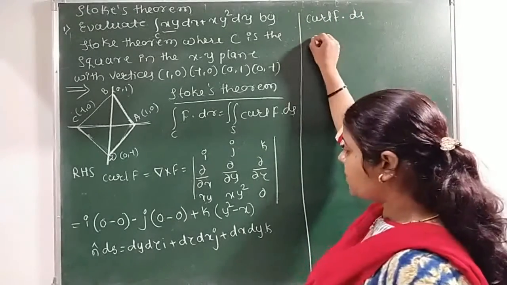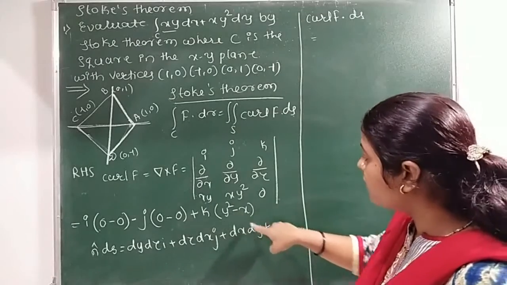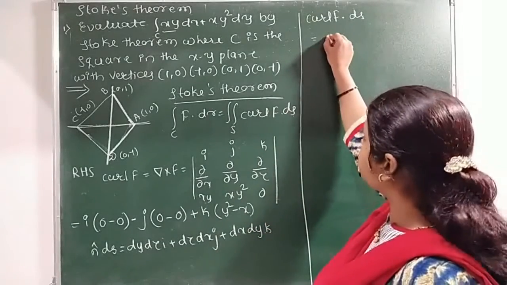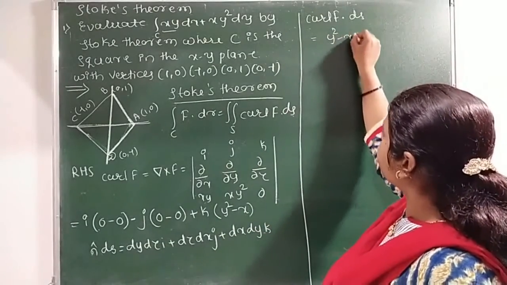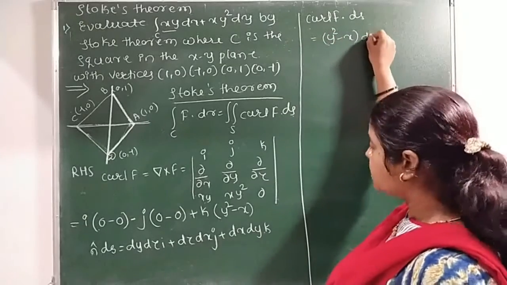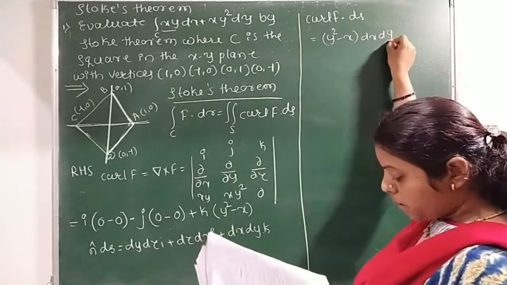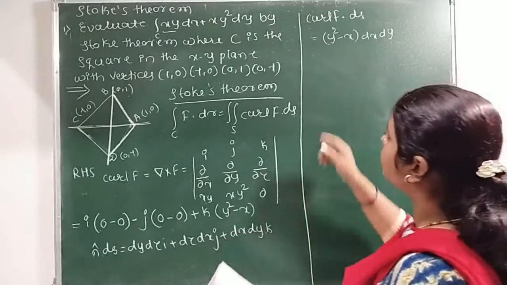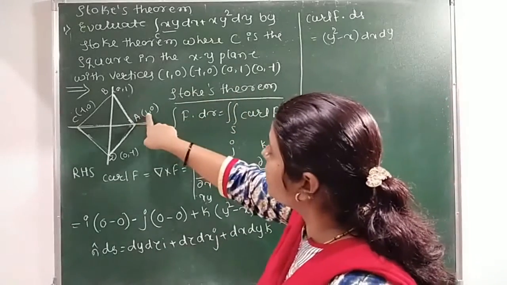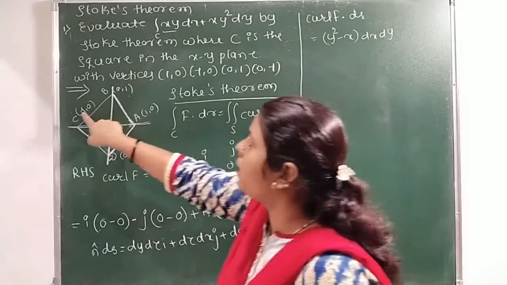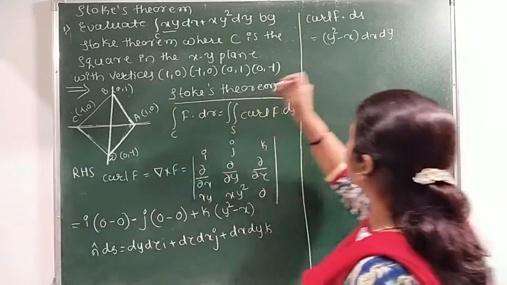Now we have to apply the dot product curl F dot dS. With the k term you have to apply, that is y square minus x into dx dy. For this you have to apply the double integration. Here x varies from minus 1 to 1, y varies from minus 1 to 1.